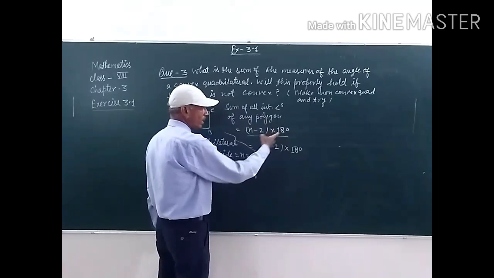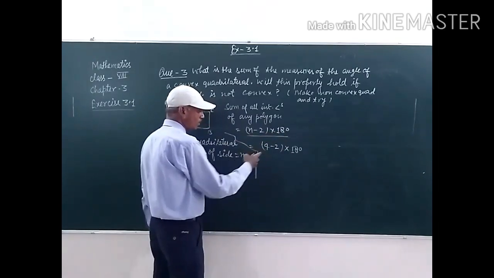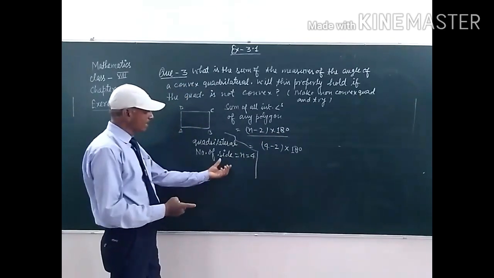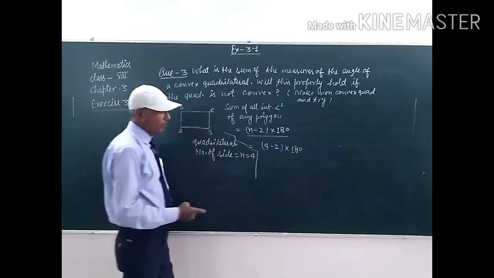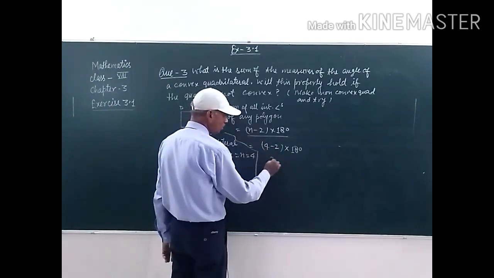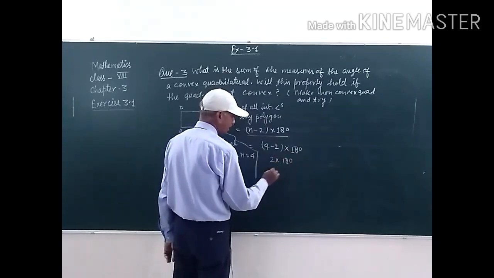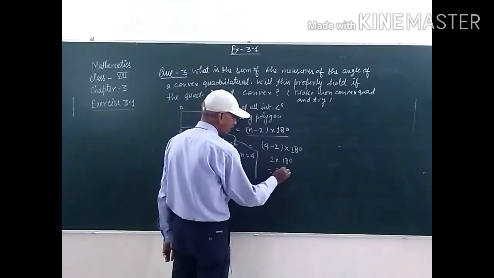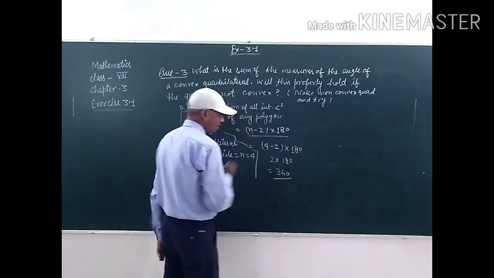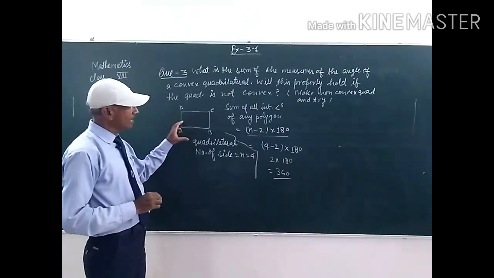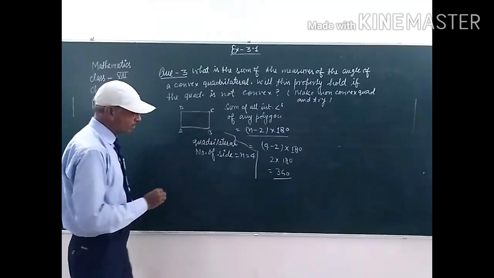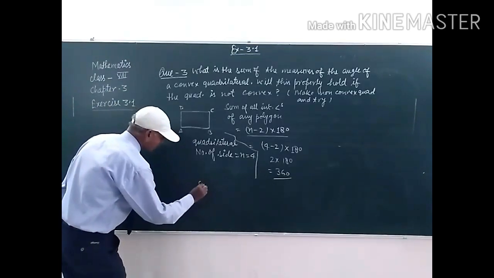This n is equal to 4 because the number of sides in a quadrilateral is 4. So 4 minus 2 is 2, 2 into 180 is 360 degrees. So the sum of all interior angles of a quadrilateral is equal to 360 degrees.